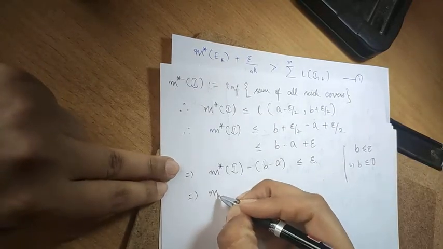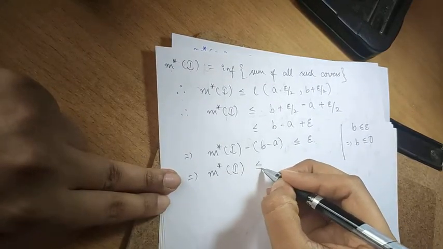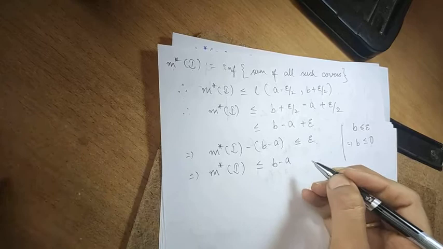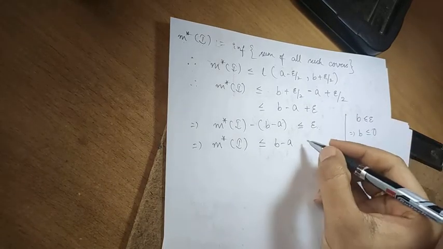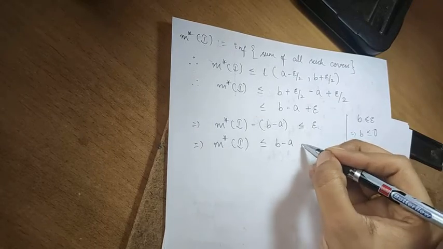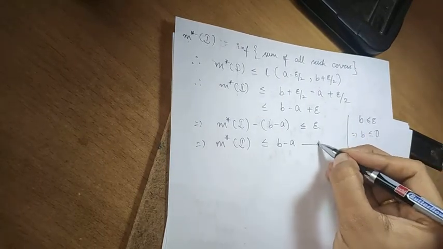So this implies m star of I is less than or equal to b minus a. One of the inequalities is proved. I will call this inequality 1.